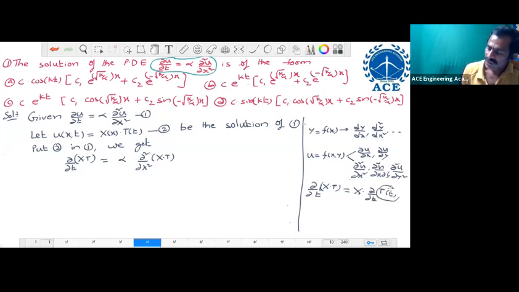It is a function of one independent variable. For a function of one independent variable, derivatives are ordinary only. Actually, T is a function of one variable and dou by dou t is a partial derivative. Even though it is a partial derivative, because of the one independent variable, we can write this as dT of t by dt only. So both are the same.